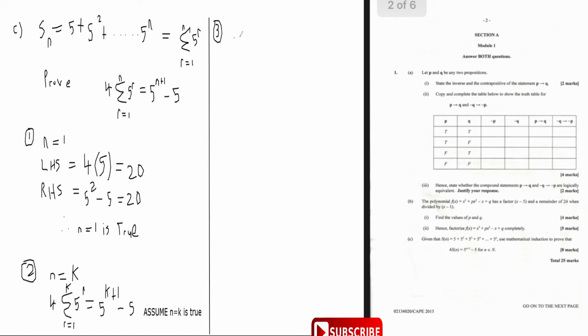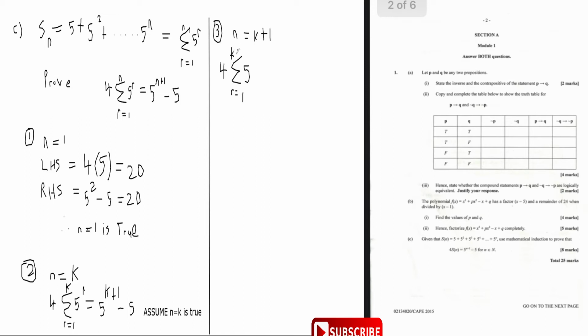So now for n equal to k plus 1, we have 4 times the sum from r equal 1 to n of 5 to the r. N is k plus 1, so don't write the n, write k plus 1.